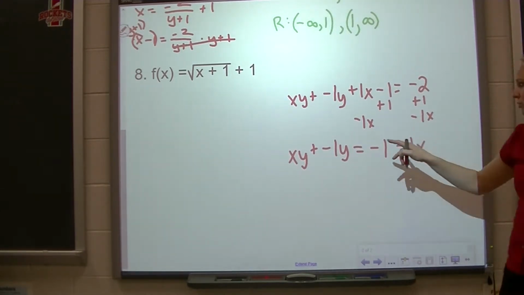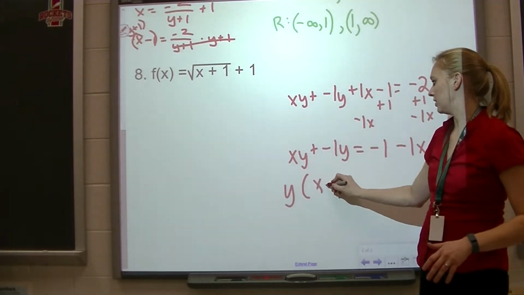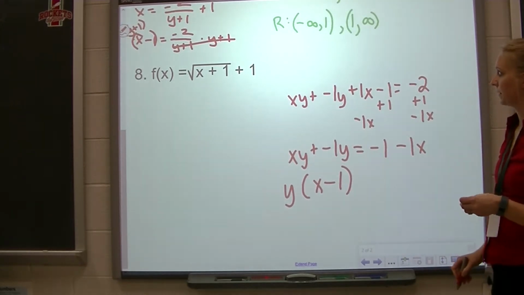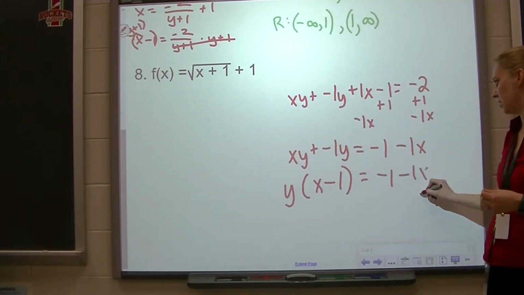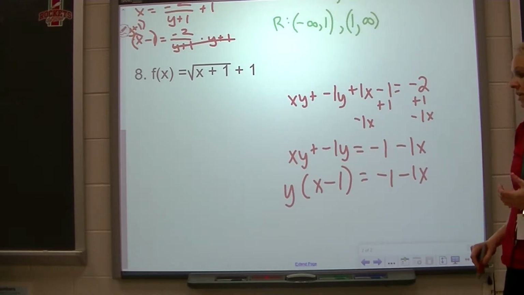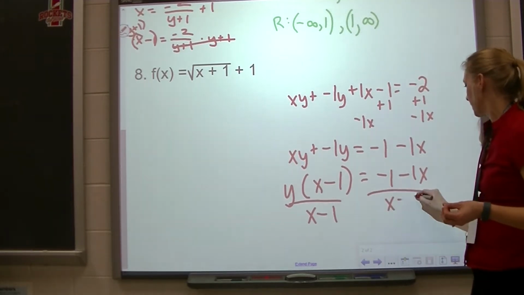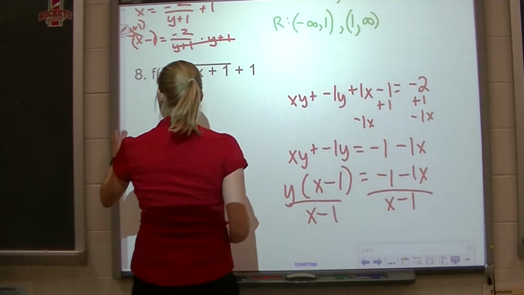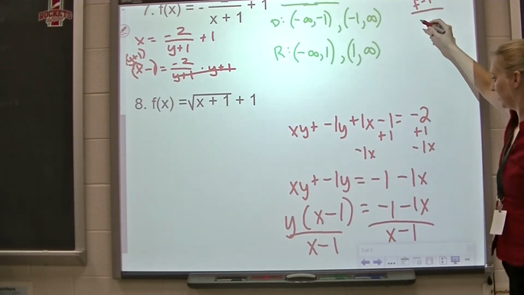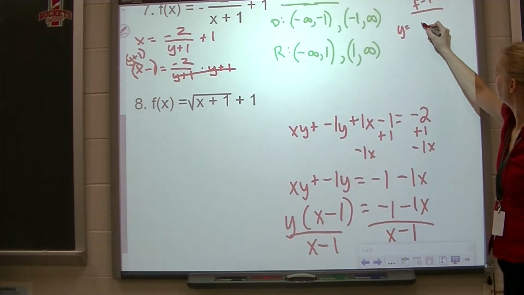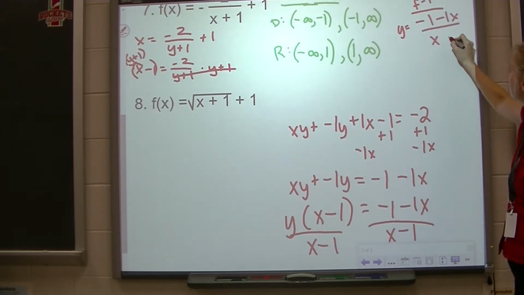And since we have two y's here, I can factor out a y, leaving me with x minus 1. So y times x minus 1 equals negative 1 minus 1x. And then to solve for y, I have to divide everything by x minus 1. So my inverse function here is y equals negative 1 minus 1x all over x minus 1.